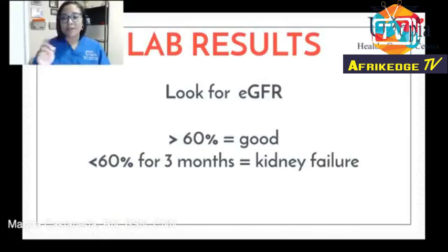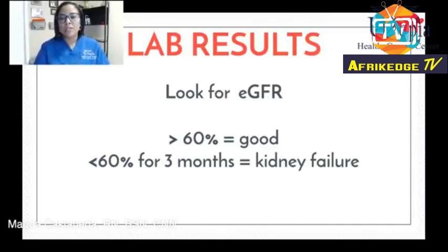If you see greater than 60, don't get scared, because I know I mentioned it has to be 100, but for the general lab results that you're going to get, it is either greater than 60 or lower than 60. If it's greater than 60, it means that you're good. No kidney failure. If it's lower than 60 for 3 months, then you have kidney failure. Okay, so look at the last lab results that you had.